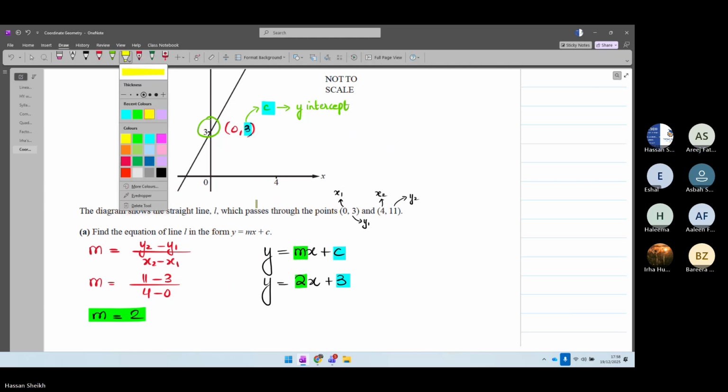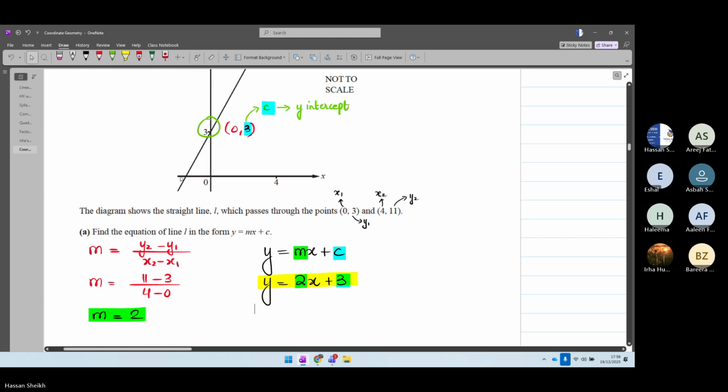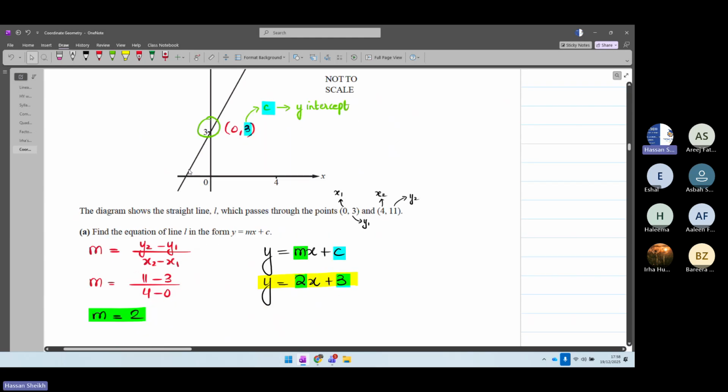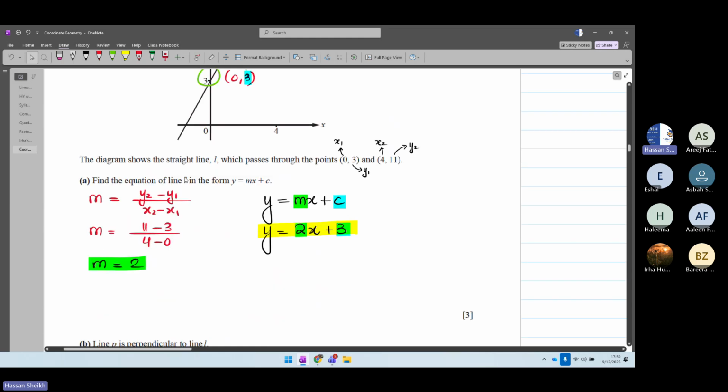Yes. Now you know that c is the y-intercept and m is the slope. So just substitute the value of slope and y-intercept to get the equation of the line.